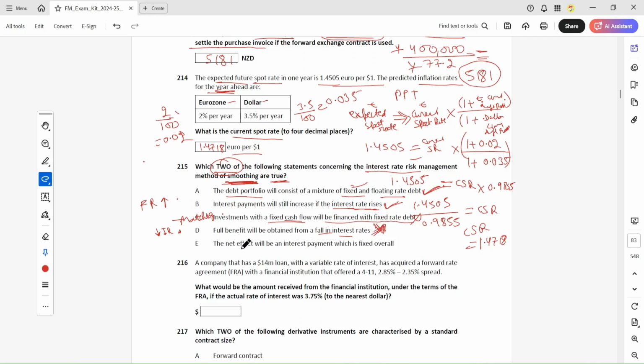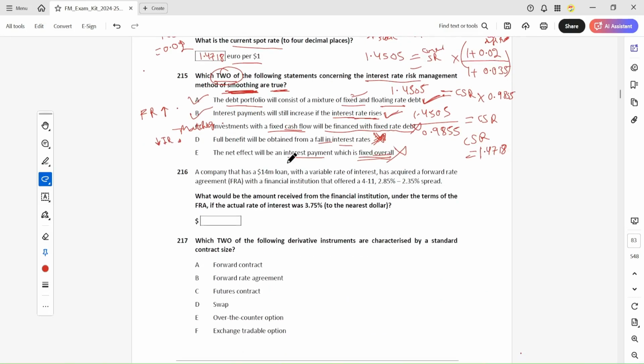The net effect will be an interest payment which is fixed overall. No, because we have floating rate, so we do not always pay a fixed payment. So this is also incorrect. So A and B are correct.